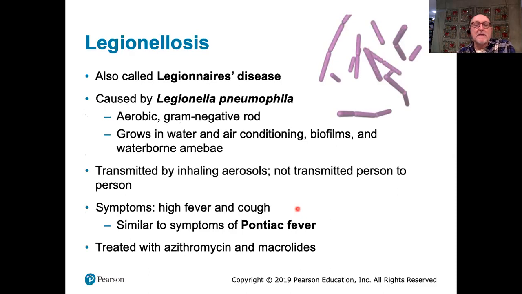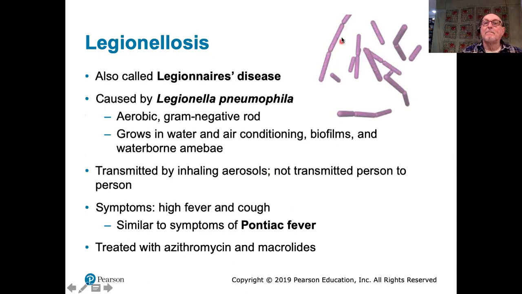So the next disease is a relatively modern disease, which is rather strange. But this is truly a disease of modern life. This is legionellosis, caused by an organism called Legionella pneumophila. And Legionella pneumophila is a rod.